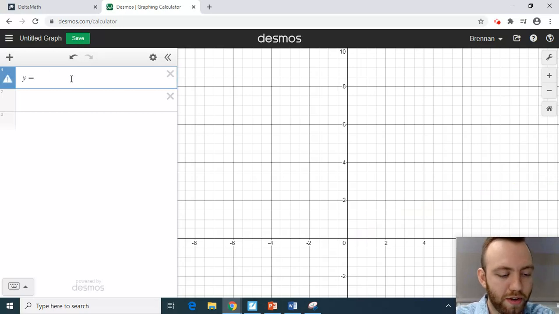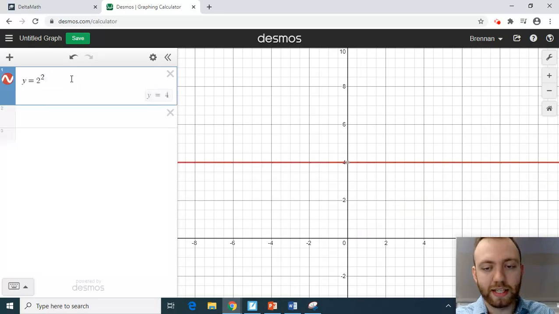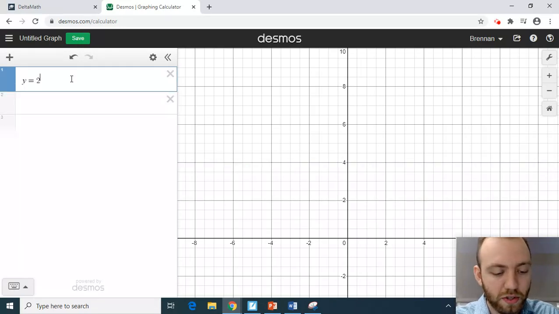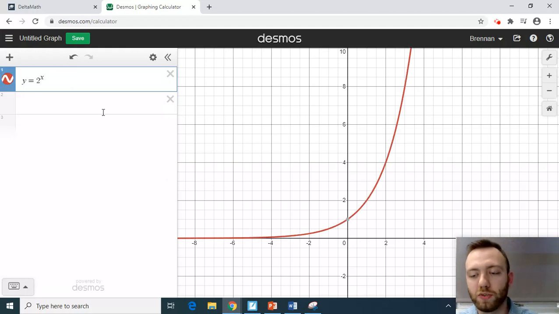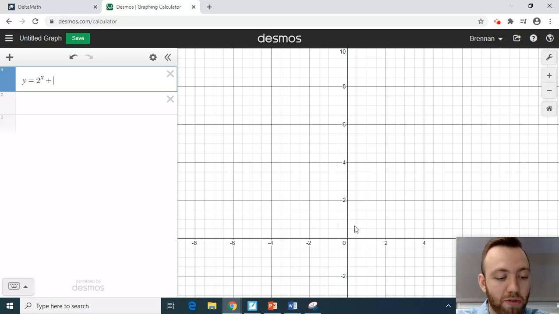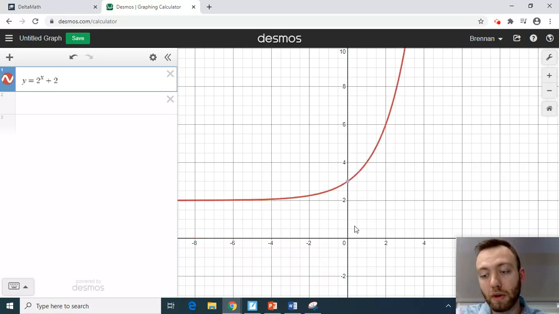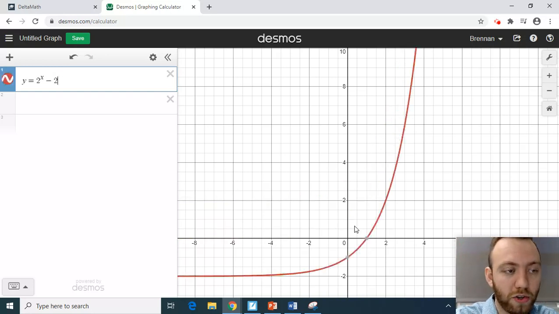And we just did 2 to the x because that's a nice one. Outside is just going to be on the end. If I add 2, it's going to move everything up 2. And if I subtract 2, it's going to move everything down 2. Same kind of idea.